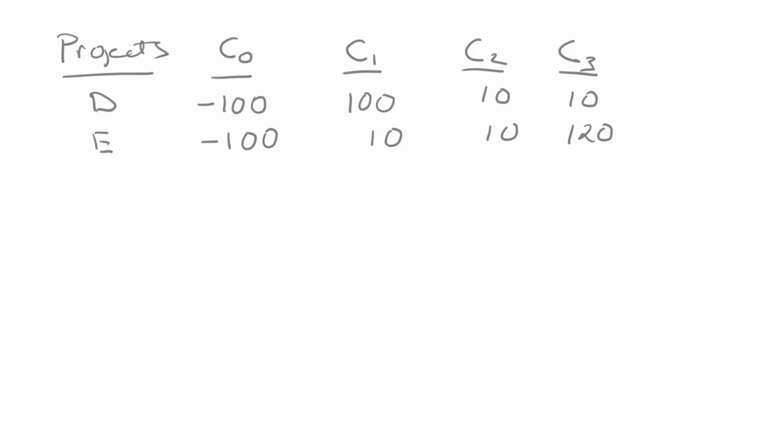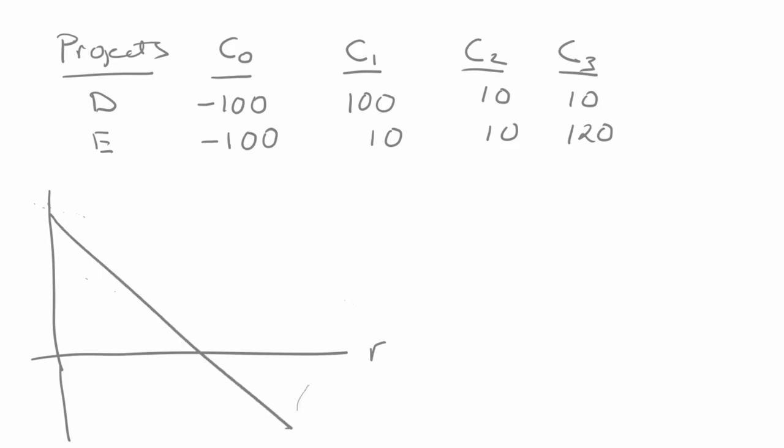You can see that these projects differ in the timing of their cash flows. If we show the NPV of D and E on a plot, so NPVE looks something like this. This is NPVE.